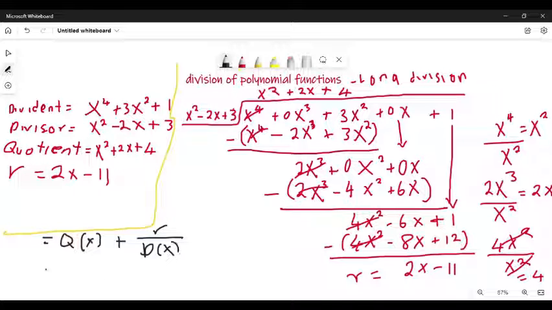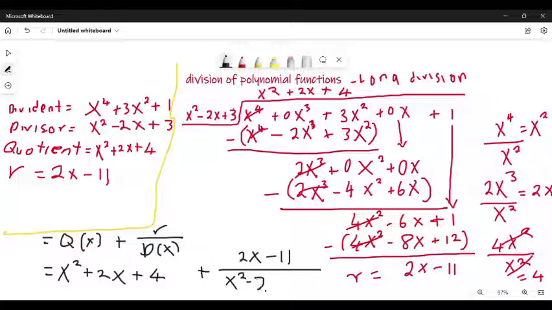Our quotient is simply x squared plus 2x plus 4, plus our remainder 2x minus 11 over the divisor, which is x squared minus 2x plus 3, which is just as simple as saying 1 2 3, guys. Alright, so I hope you understand.